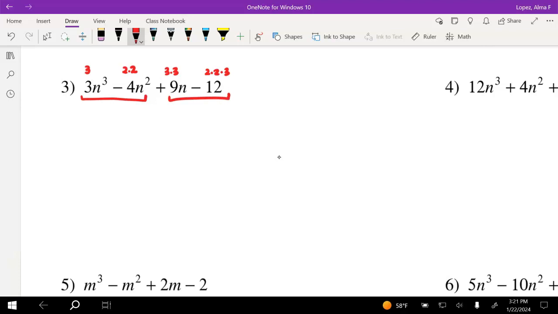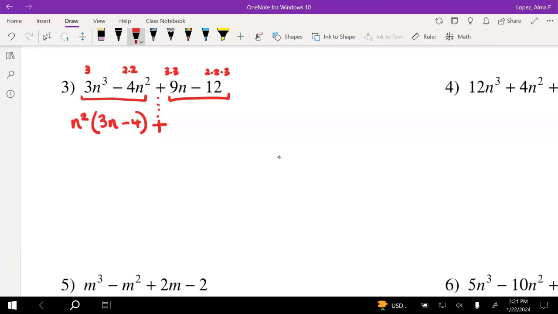Because it's a 4-term phrase, factoring by grouping is the way that we'll need to factor it. Now, we're going to start with the first group. The first group has an n squared in common, so we'll open up our leftover parentheses. When you factor the n squared out of the first term, you're left with a 3n. When you factor the n squared out of the second term, you're left with a minus 4.